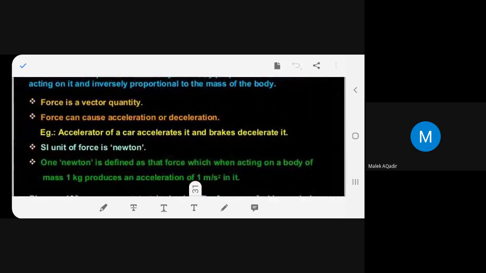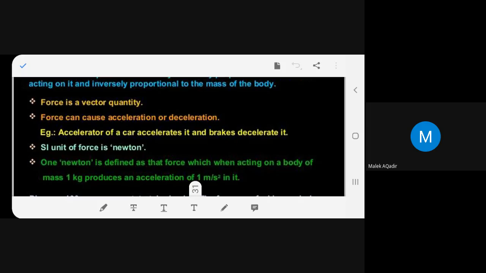Okay? So we know that force is a vector quantity. It can produce acceleration as well as deceleration. When you press the accelerator, your car moves with a high speed. And when you apply brake, the car goes back. That is deceleration. We know the unit of force is Newton. And what is 1 Newton?